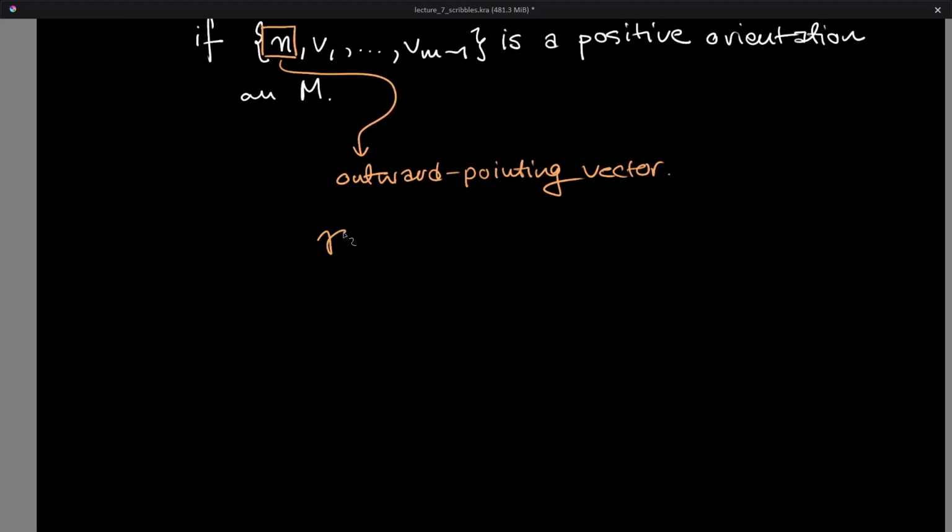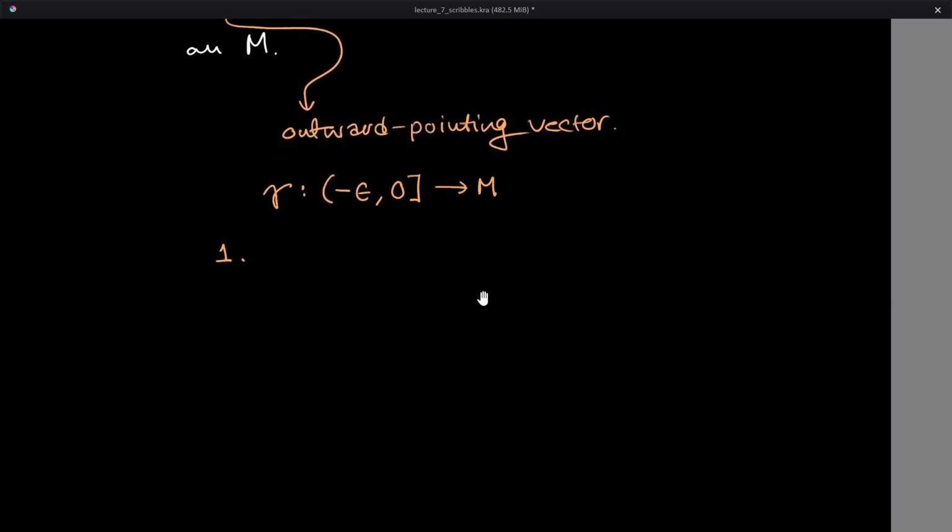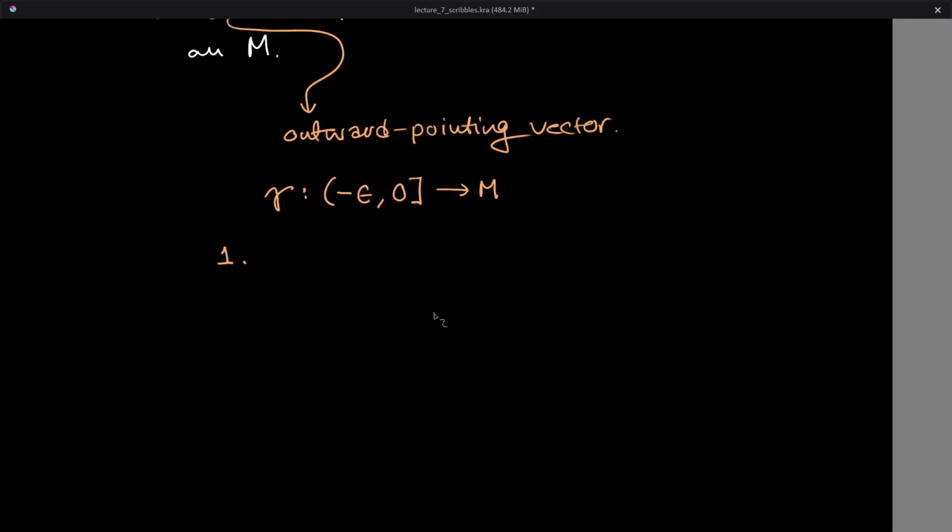Let's define a curve gamma that goes from minus epsilon to 0 into M. This is a parametric curve. Remember from lecture 1 we were defining these. It should be intuitive that we start by defining a parametric curve, because that's how we define tangent vectors in the first place.